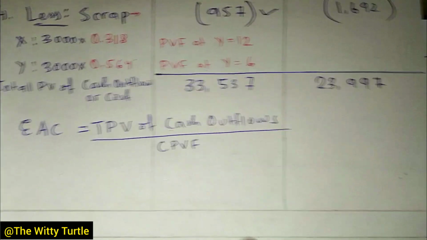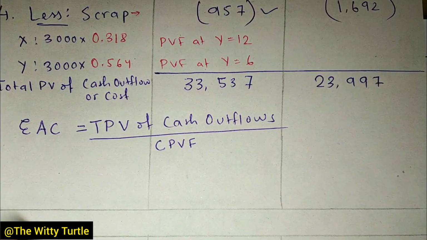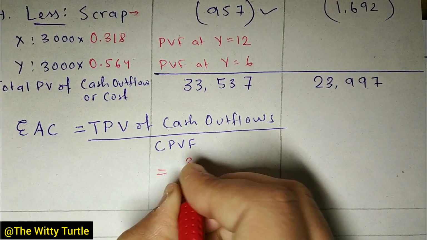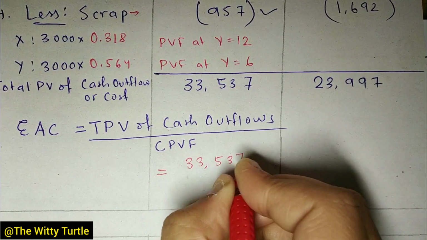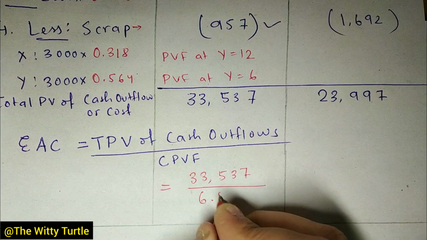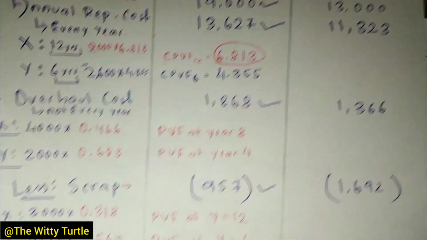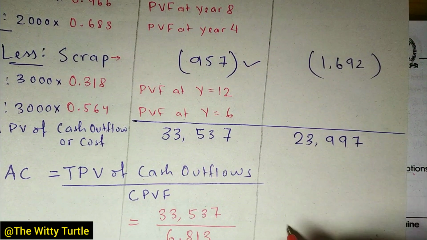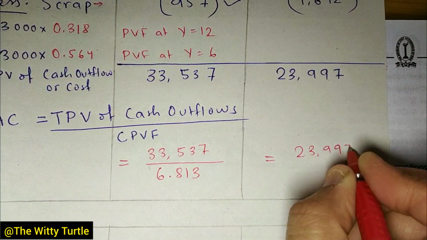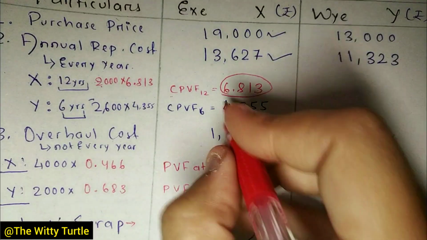EAC for your machine X, how much will be this? 33,537 divided by CPVF. What is the amount of CPVF? CPVF for machine X is this 6.813. Then for machine Y, what is the amount of total cash outflow? 23,997 divided by what is the amount of CPVF? 4.355.